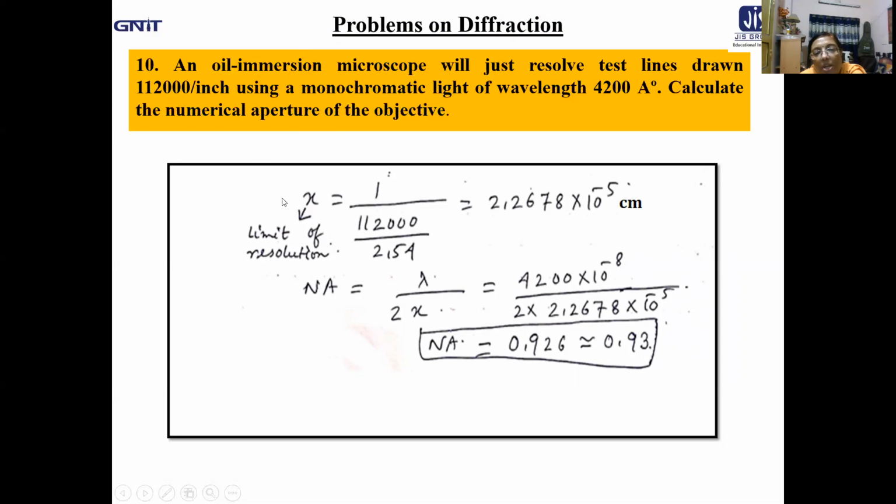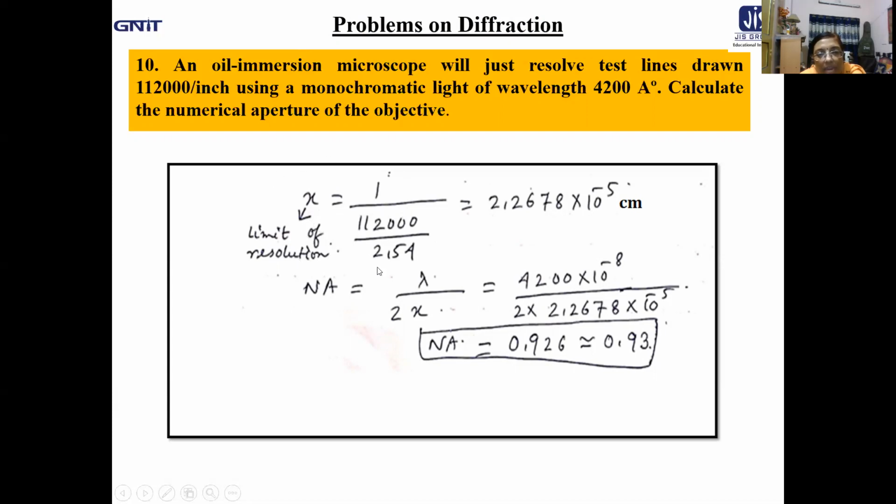Now what about limit of resolution? The minimum distance between the lines. So many lines you are getting per centimeter. So what about the separation between the two closest lines? Obviously, that is the limit of resolution. This is nothing but 1 divided by this factor. You will get it very easily.